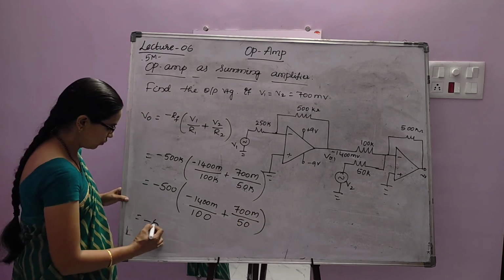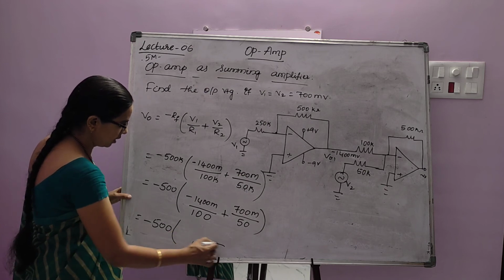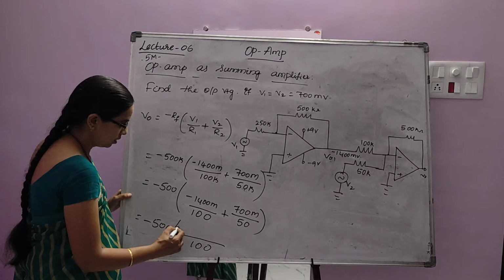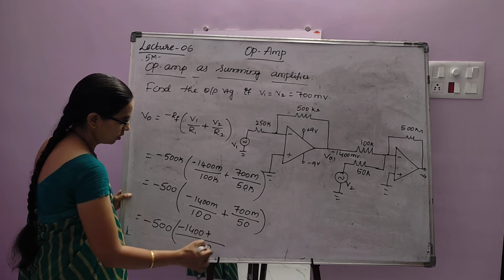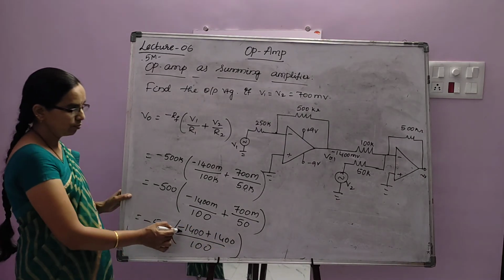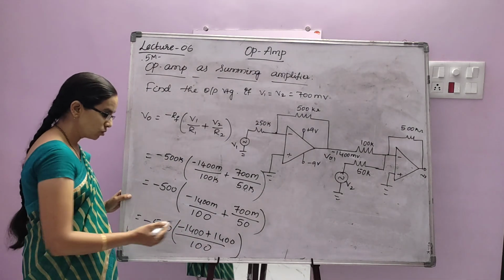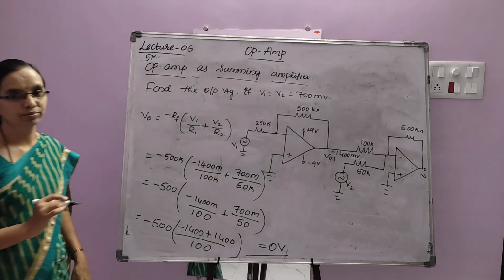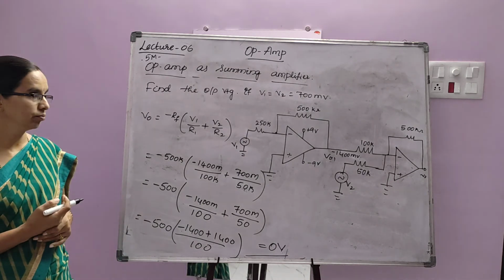So minus 500 into, if I take LCM as 100, you calculate with your calculator, no problem. It is 1400 plus 1400. So minus 1400 and plus 1400, it will become 0. So output will be 0 volt for this circuit.